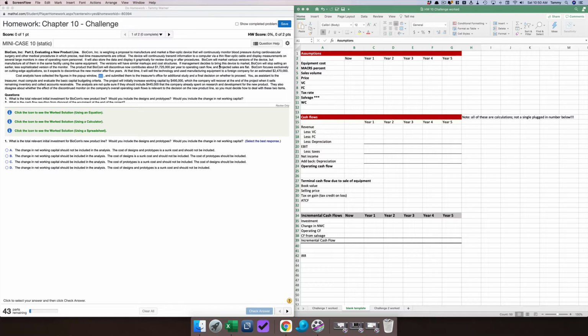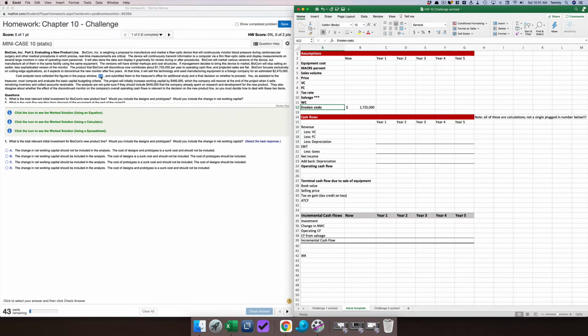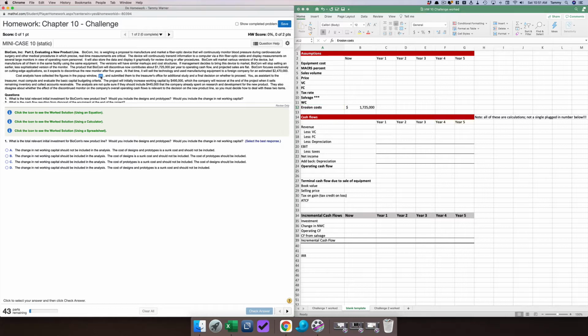They're going to use their old manufacturing equipment, and if we bring this device to market, we're going to basically replace a different product that provides 1.725 million in erosion costs, I guess, or opportunity costs. So let's go ahead and add that in. Let's pick up all these cost numbers from the pop-up window here.